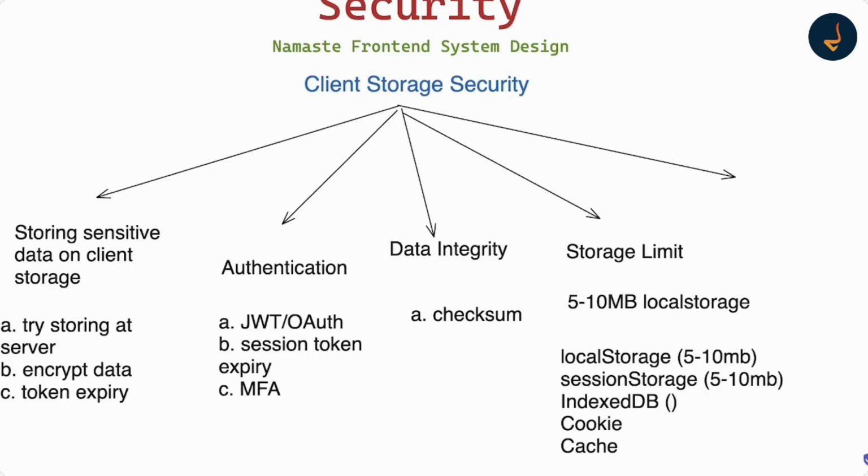When we talk about IndexedDB, the ranges are huge, starting from about 50 MB to maybe a fixed 100 MB approximately. That much data you can store, again depending on your browser capability.